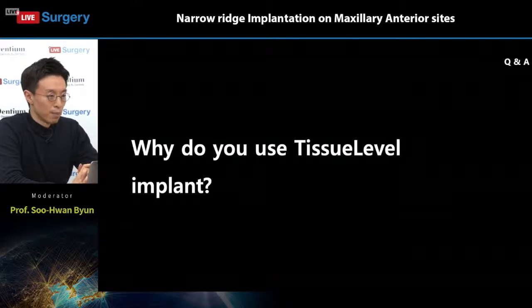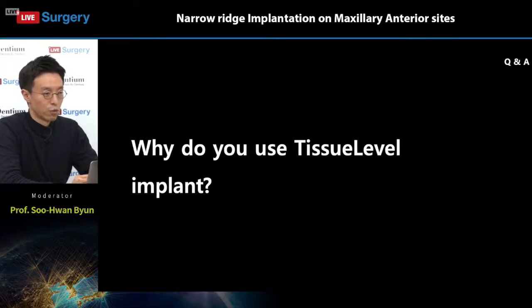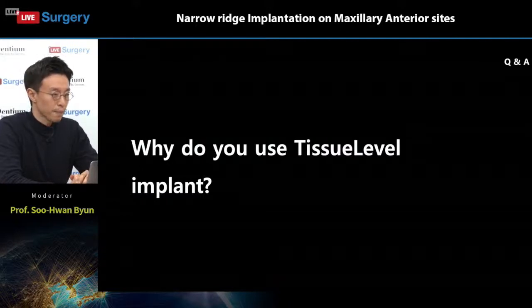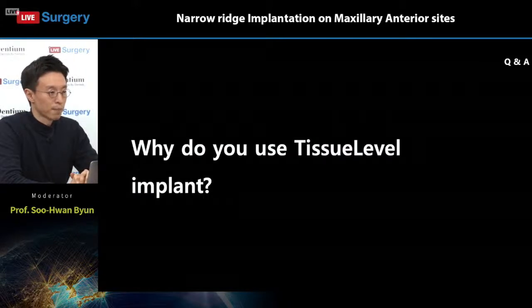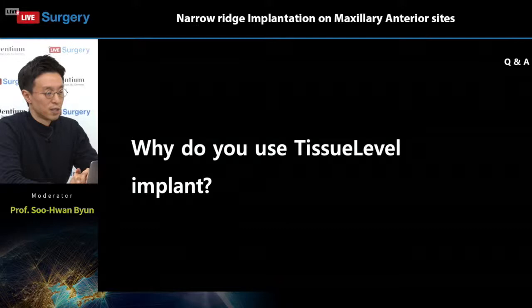Especially, the tissue level implant can endure more occlusal force than the bone level implant. So we can place a 2.5, 3.0 or 3.5 diameter tissue level implant at the anterior area. When we choose the tissue level Bright implant system, we can overcome the severely resorbed alveolar ridge without bone grafting.